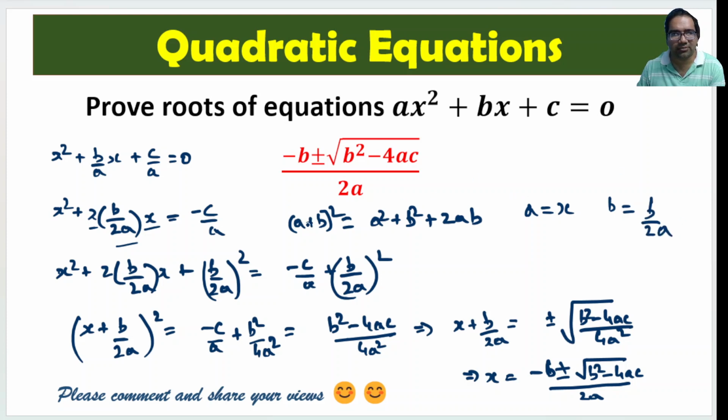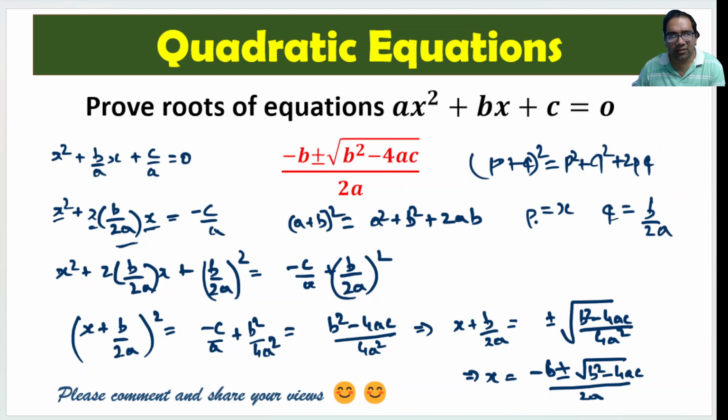Instead of a plus b whole square, let's use a different notation because x is already used: (p + q)² = p² + q² + 2pq. In this case, p is equal to x, and in the term 2pq, q is b/2a.